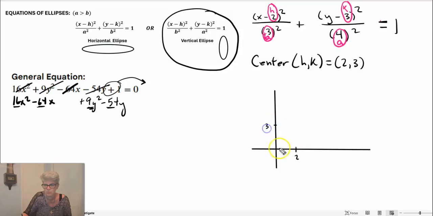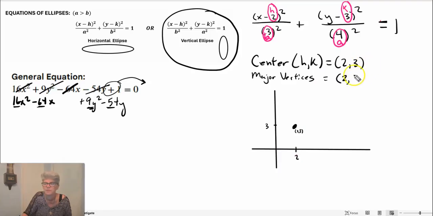So again, I'm just roughing it. There's my center. Since this is a vertical ellipse, the two major vertices are going to be a units above and below. So my major vertices, I'm going to have the same x coordinate, but I'm going to go 4 units up.